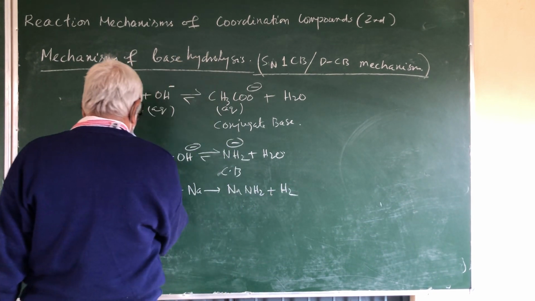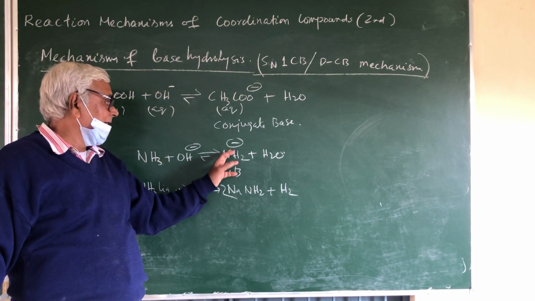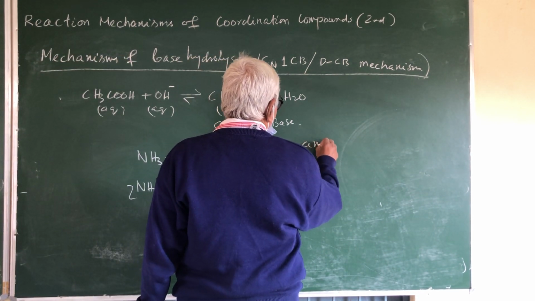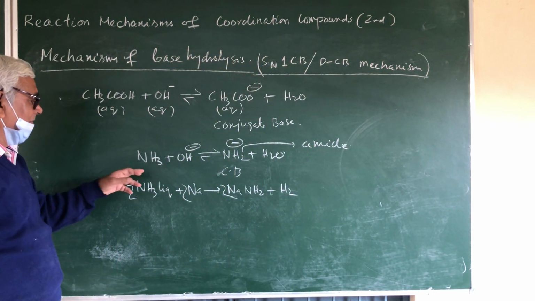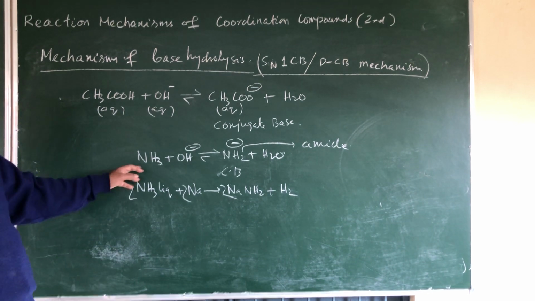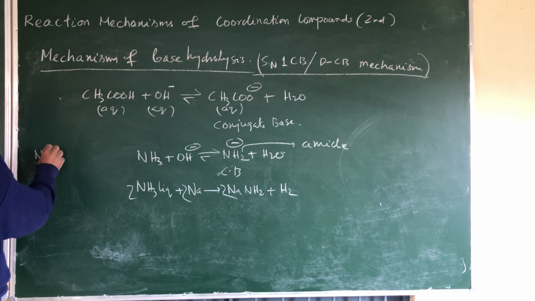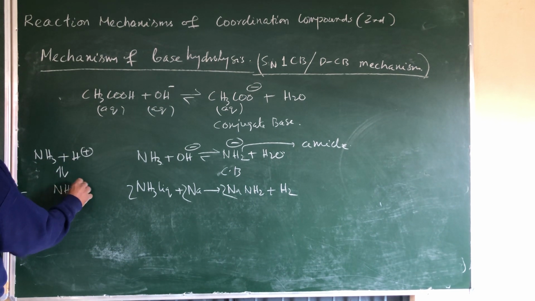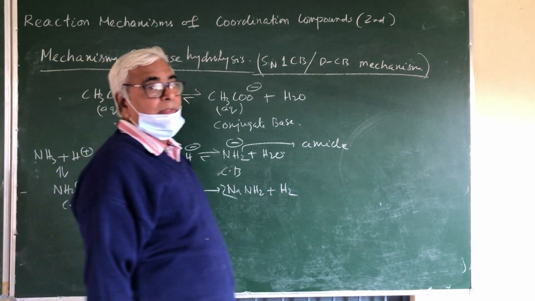This reaction you all know. NH2 minus is called amide. So amide is the conjugate base of ammonia. When ammonia behaves like a base, ammonia plus H plus gives ammonium, the conjugate acid. The conjugate acid of ammonia is ammonium, and the conjugate base of ammonia is amide.